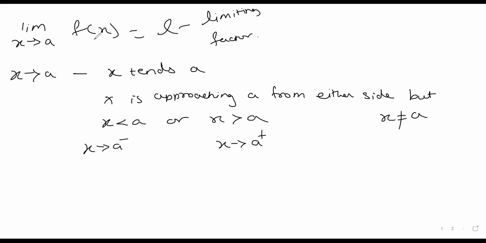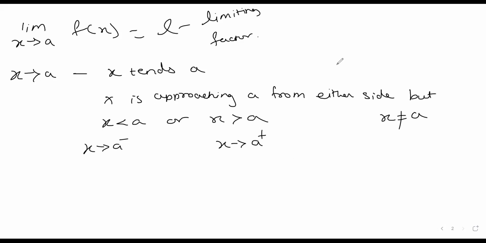Limit x tends to a means x approaches a from either side of a. म्हणजे x एक तर a पेक्षा कमी आहे किंवा x एक तर a पेक्षा जास्त आहे. ओके, x a पेक्षा कमी आहे तर आपण x tends to a minus म्हणतो. x a पेक्षा जास्त आहे तर आपण x tends to a plus म्हणतो.